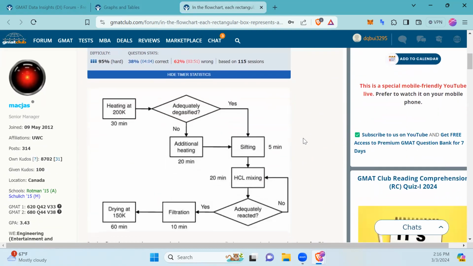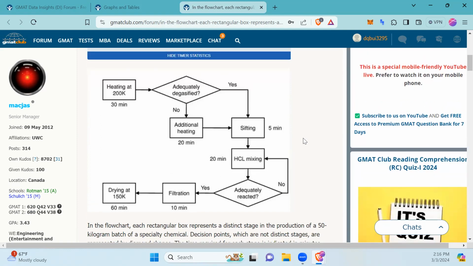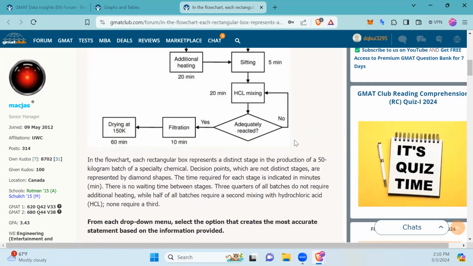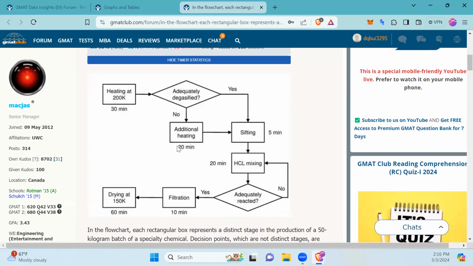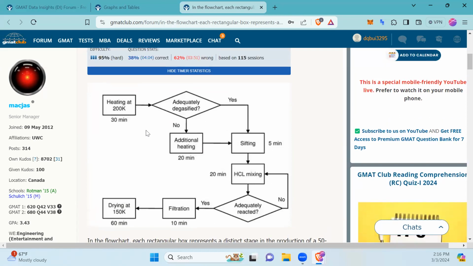So as you can see, graphs and tables are questions that have some sort of visualization of the information. And for such questions, the first thing you want to do, instead of reading the prompt, is take a look at the graph or the table they're showing you first and try to have a general idea of what kind of data, what kind of information it is presenting.